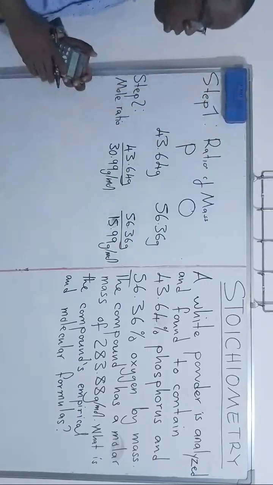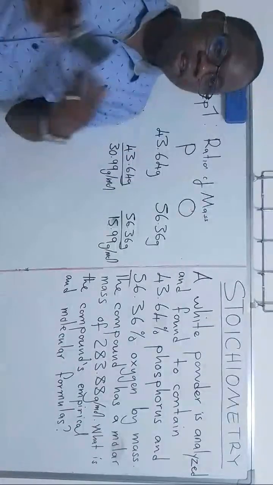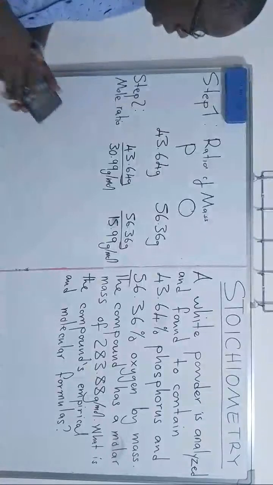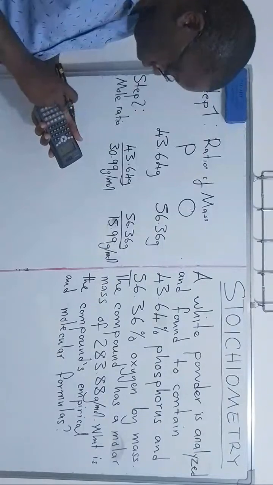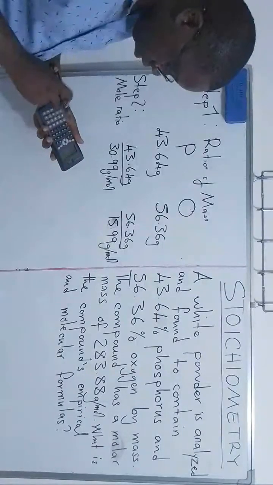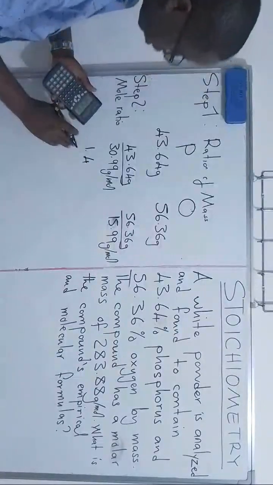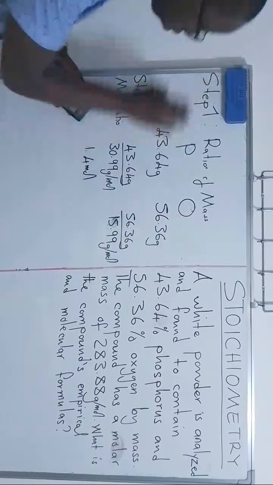So here we want to find, in terms of the number of moles, what are the molar ratios. Now let's divide 43.64 by 30.99. We are getting the answer of 1.4. So this is the number of moles for phosphorus.